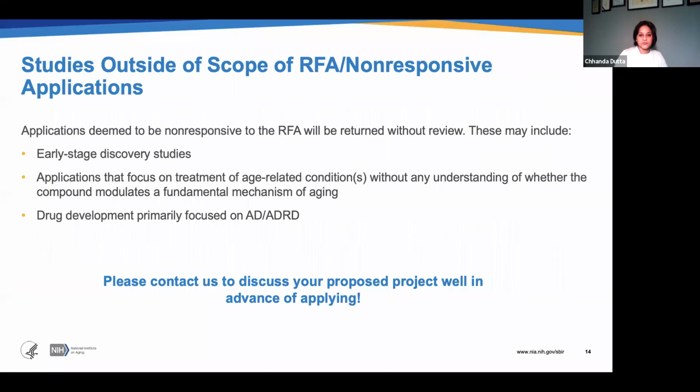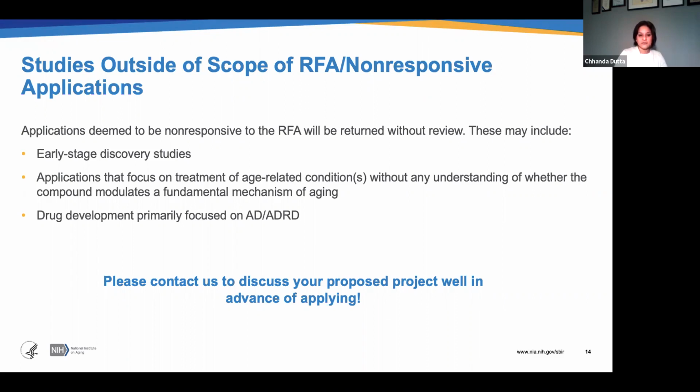So we just want to have a few words about things that we feel are outside the scope of this RFA or would be considered as non-responsive. As I mentioned before, we have other options for individuals interested in early stage discovery studies. So those would not be appropriate for this RFA.